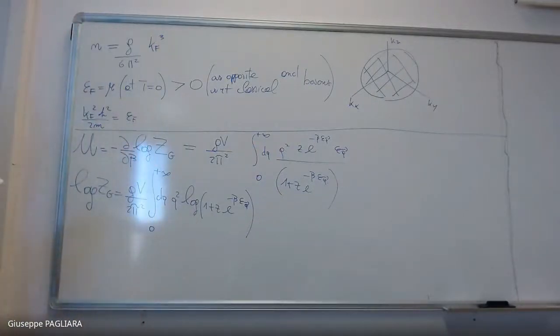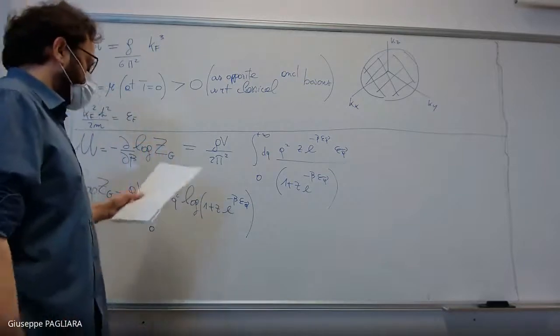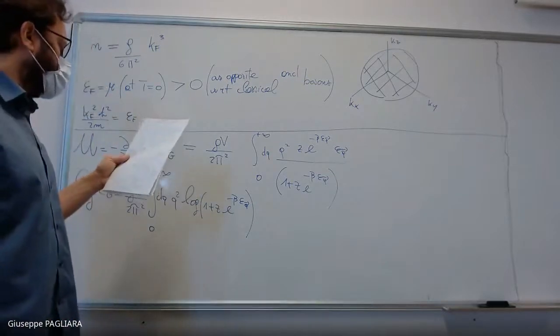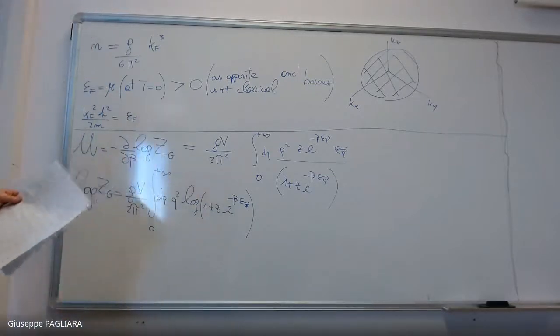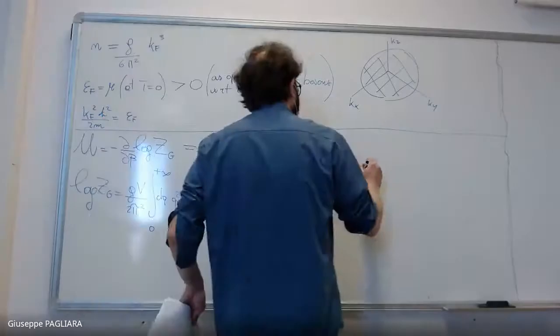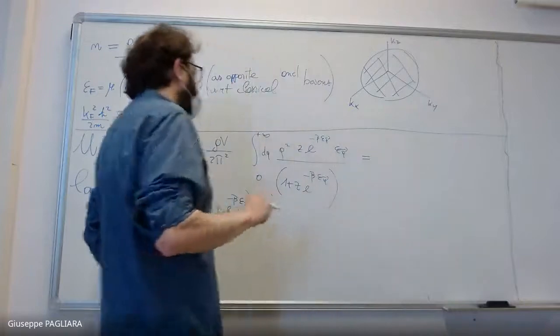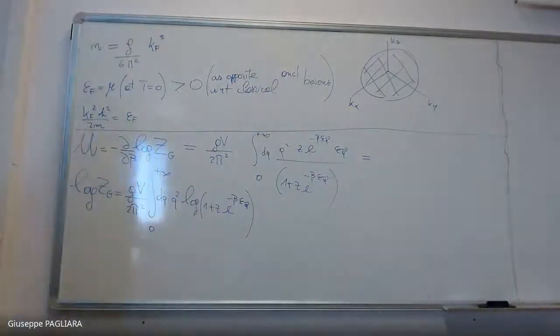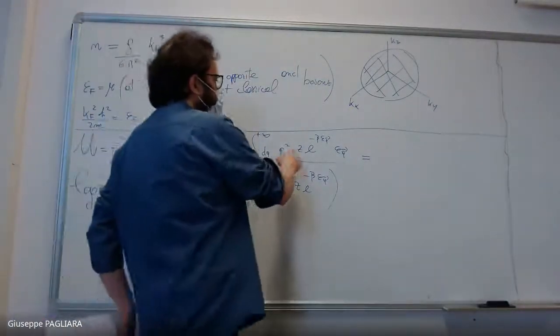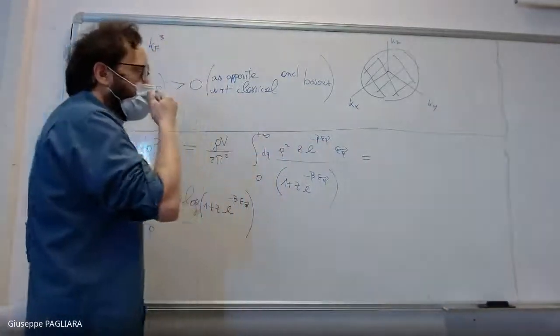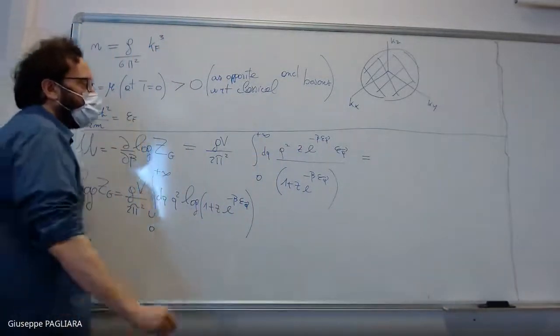And in this case, I have the standard result, no? So gV over 2 pi squared, and so on. Okay. Let me see if I have all the factors. Yes. So now, from this, I can multiply by z to the minus 1 and e to the plus beta epsilon q.